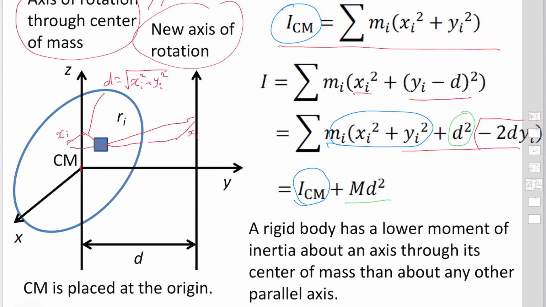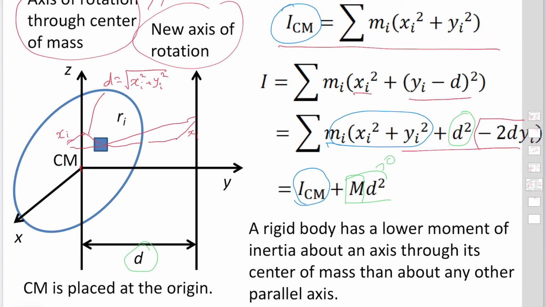To find the moment of inertia around the new axis of rotation, we have to find the distance d between the 2 axes. Then by adding m d squared, where m is the mass of the rigid body object, you can find the moment of inertia around the new axis of rotation. m d squared is always a positive quantity.